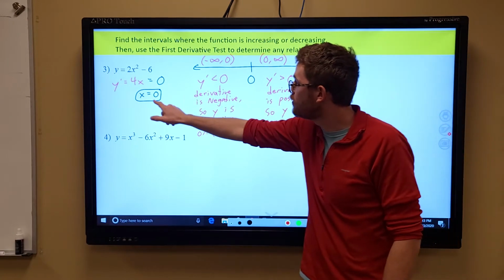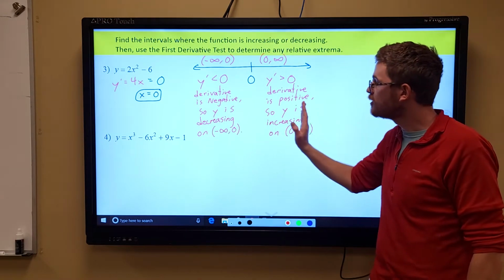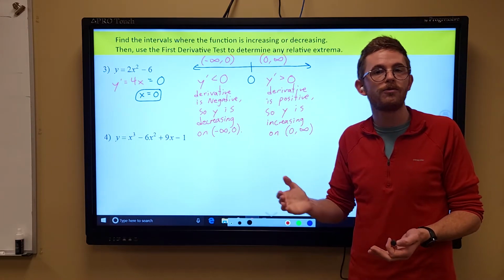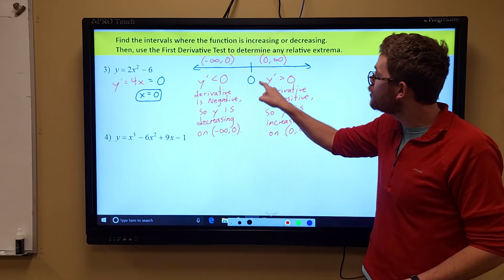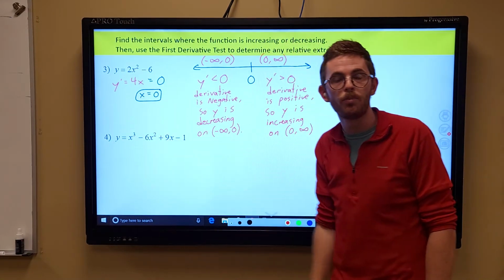So our first derivative test, we look for critical values. We look to see if our function changes at that critical value from increasing to decreasing or vice versa. And notice that that value of 0 does give me an actual point on the graph.